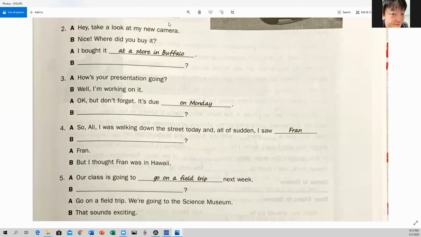So now, question number 2. Hey, take a look at my new camera. Nice. Where did you buy it? I bought it at a store in Buffalo. So, what is the clarifying question?